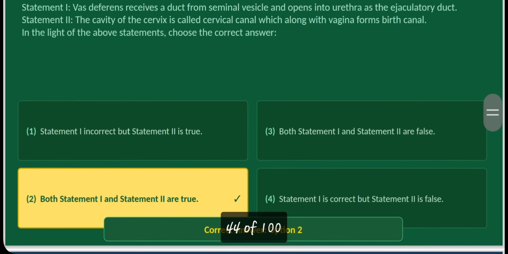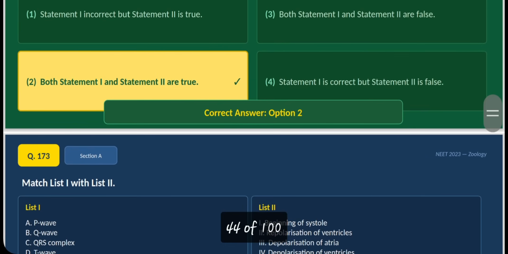Both statement 1 and statement 2 are correct. That is correct. That is also a correct statement. So both statement 1 and statement 2 are correct.